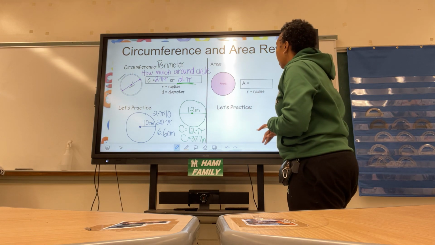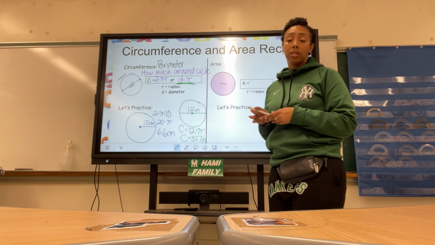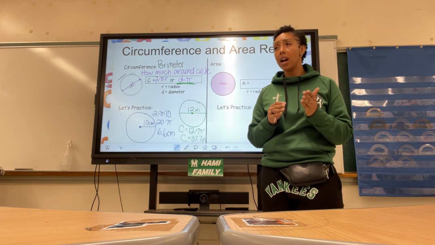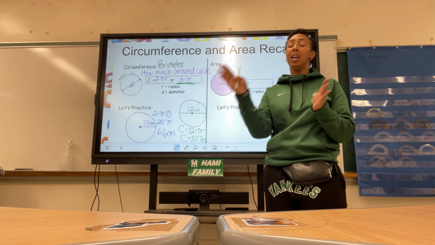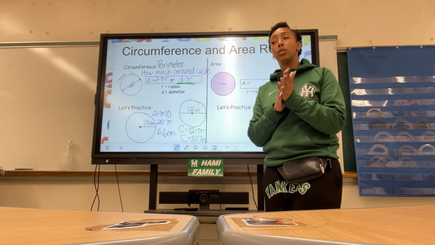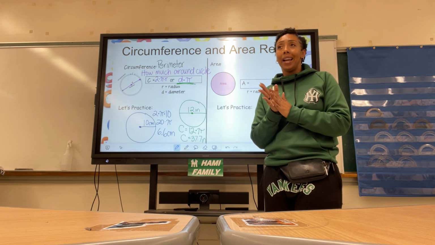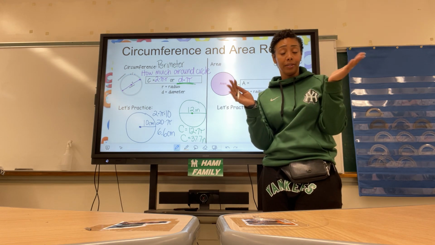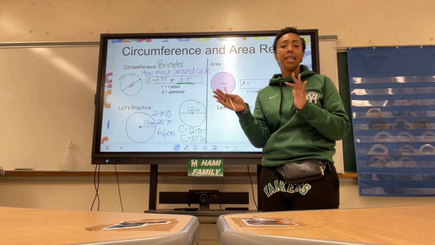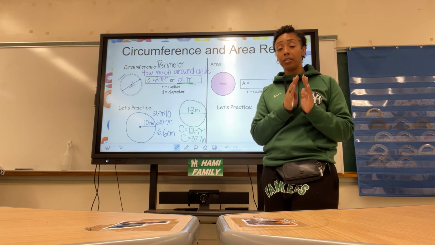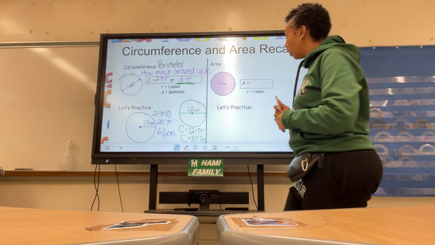With a circle, it's the same thing. We're figuring out how much it takes to cover a circular surface. So let's say I had a circular garden and I want to know how much dirt I need to put on top of that circular garden. That would be the area.